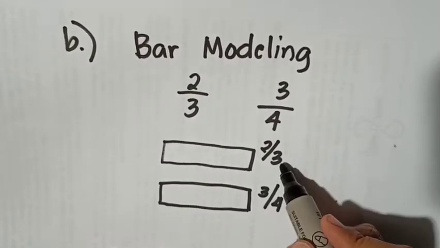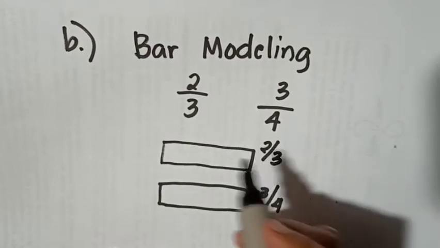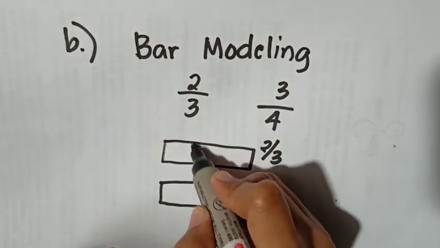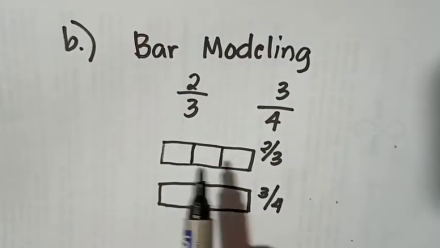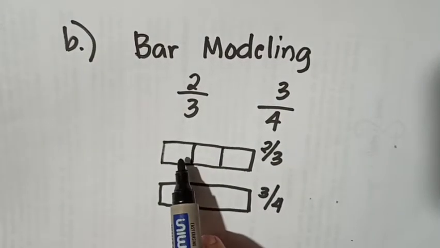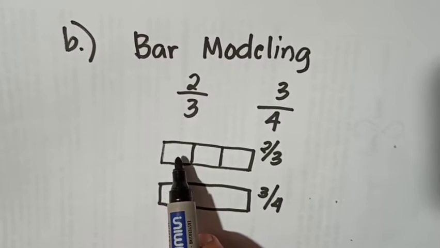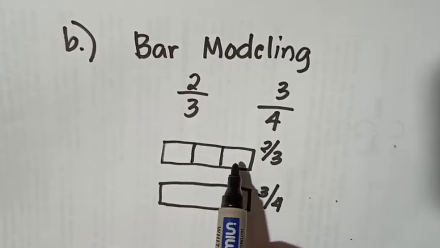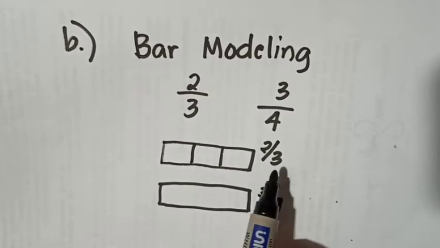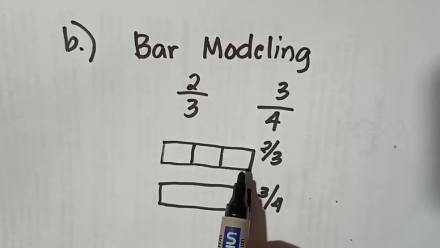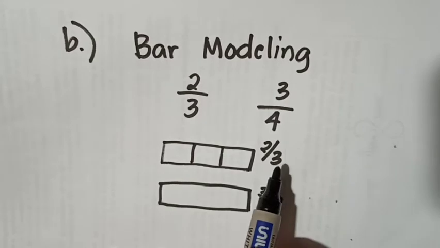With this 3, the part is 2, but we have to divide this equally by 3. Okay? 1, 2, 3. 3 bar, these were divided equally to determine their number of units of this fraction.